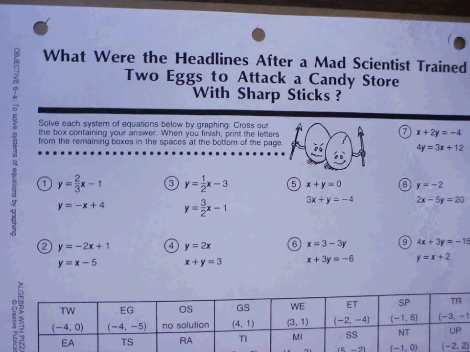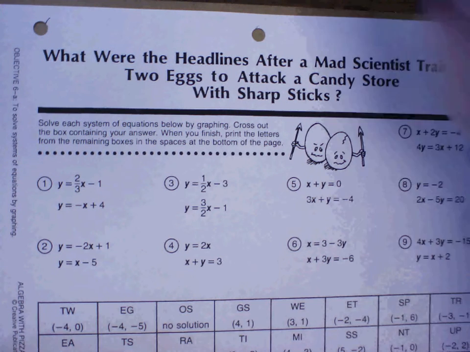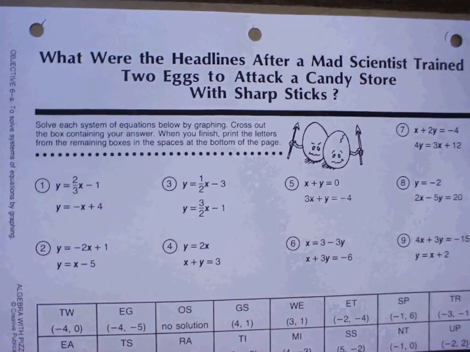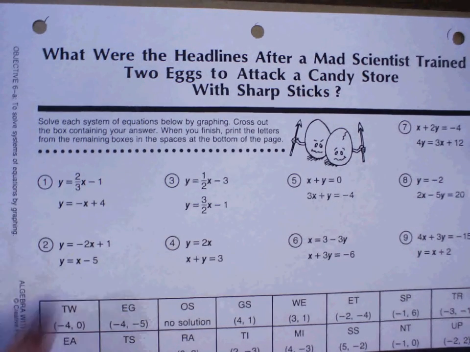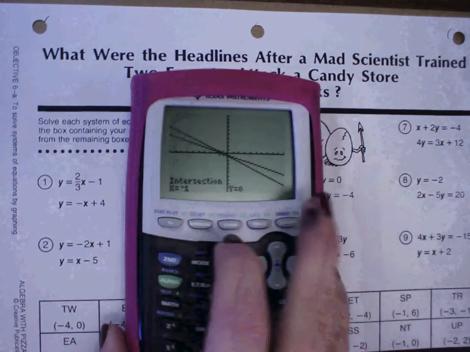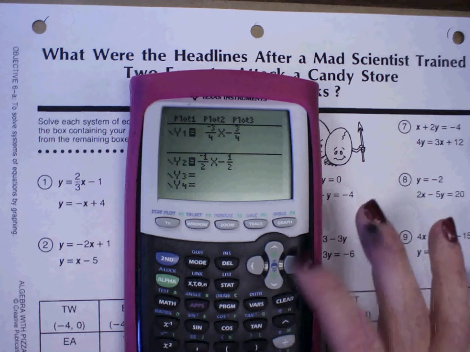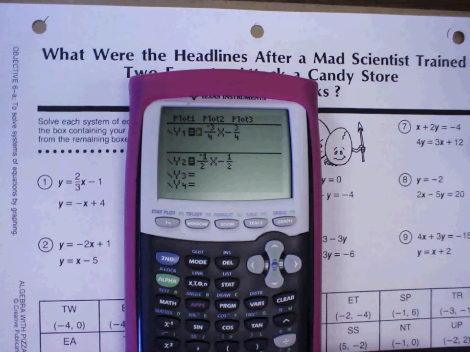All right, so this one's already solved for y. So I can most definitely choose the graphing method, right? So let's go back to the y equal to. Let's clear those up. What? I don't want to clear the first one. You know why not? Because I don't want to write that fraction again. So I'm going to go in, and I'm going to delete that and put the 2, and then the 3.